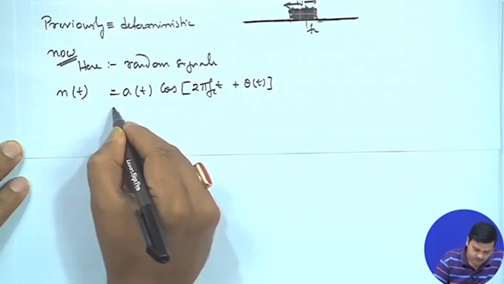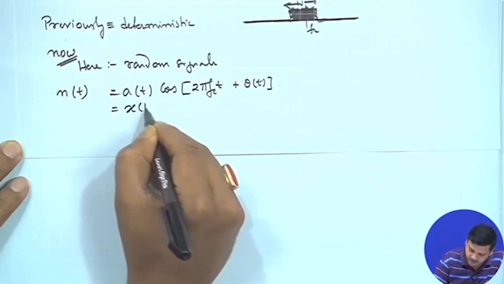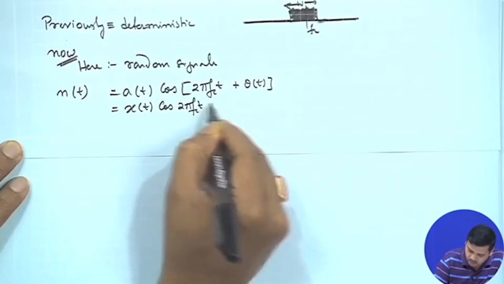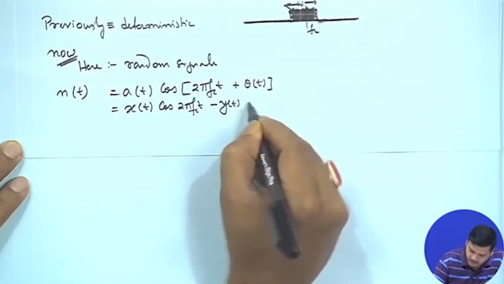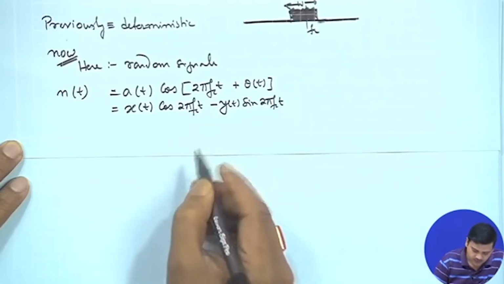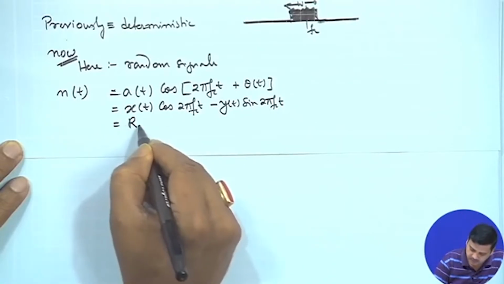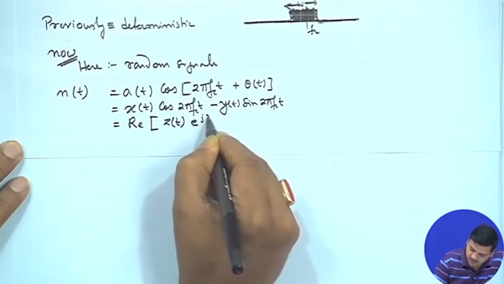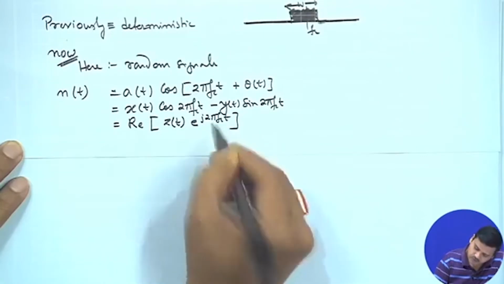Now, this again holds true, which you could write in terms of x(t) cos(2 pi f_c t) minus y(t) sin(2 pi f_c t), and again which you could write as the real part of z(t) e to the power of j 2 pi f_c t.